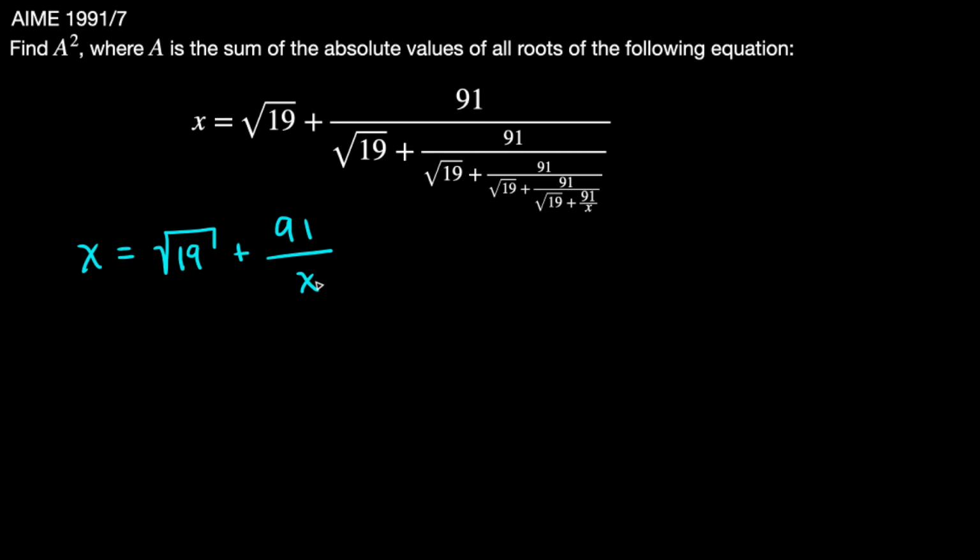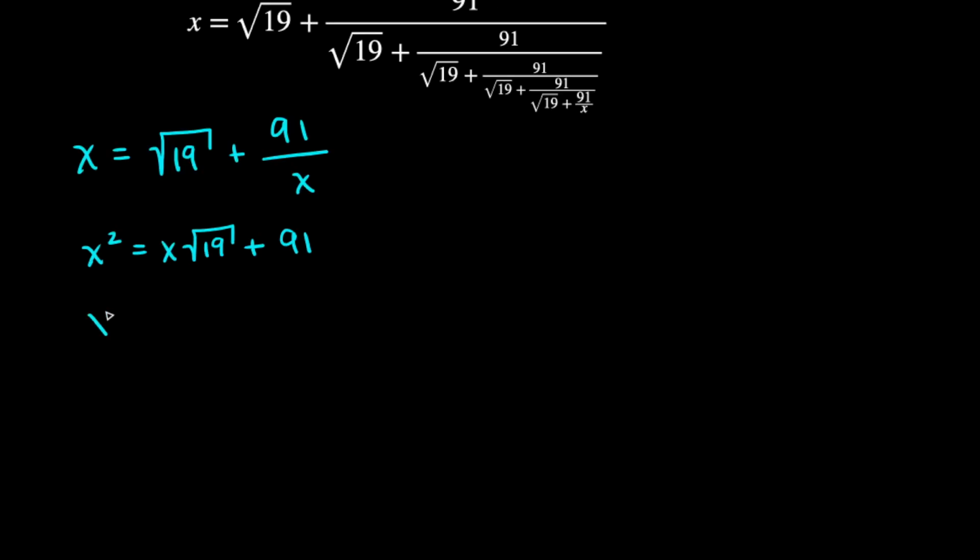So now we just want to solve this equation, and that'll give us x squared if we multiply by x on both sides. That'll give us x squared is equal to x root 19 plus 91. So x squared minus x root 19 minus 91 is equal to 0. And we can use our handy dandy quadratic formula.